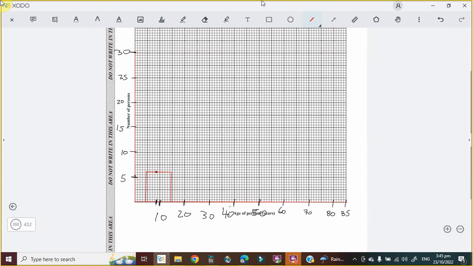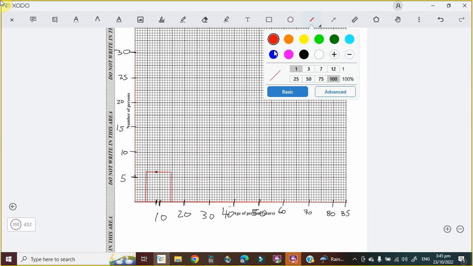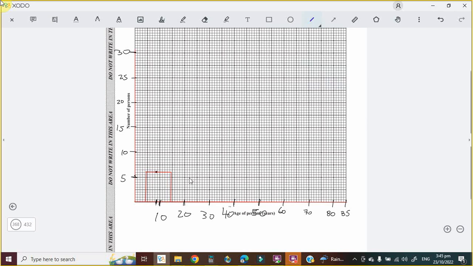Let me change the color so you can see the continuation. 14.5, and the frequency now is 16, so we'll go all the way up to 16. We'll go across.